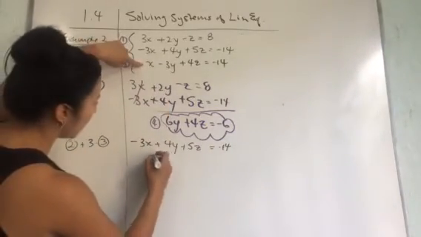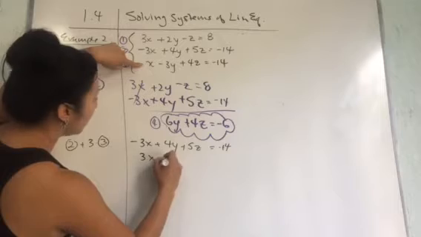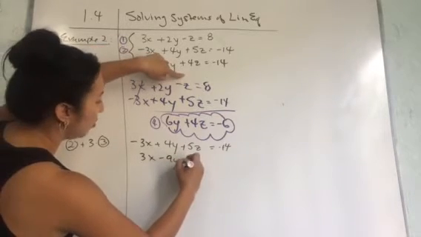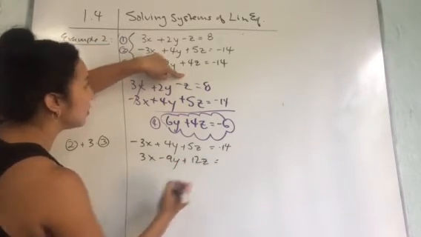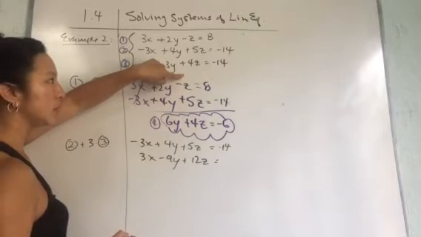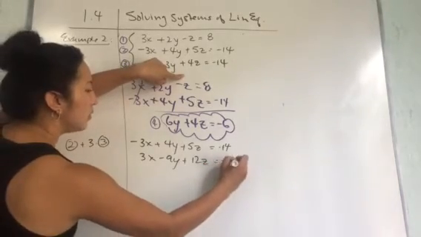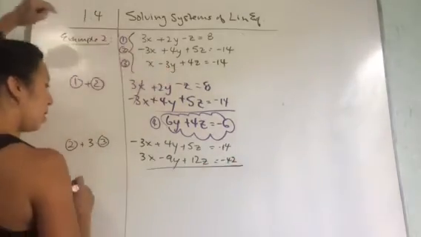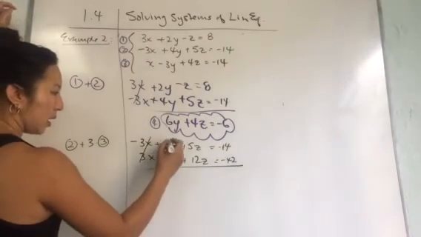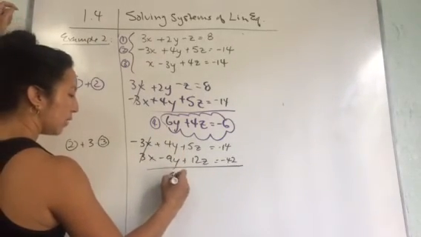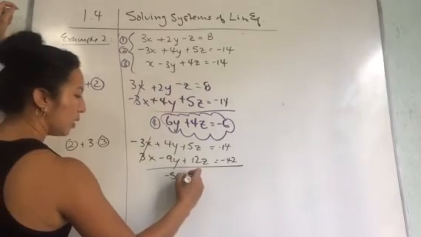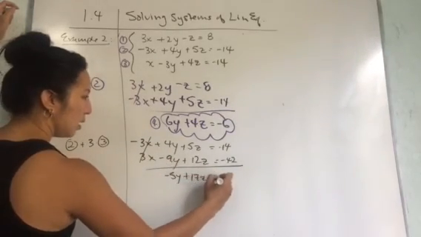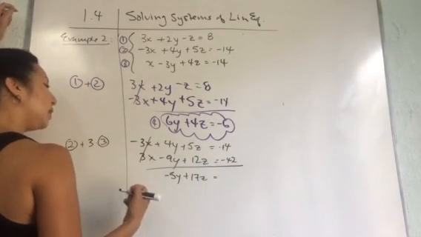That gives me 3x minus 9y plus 12z is equal to 3 times negative 14, which is negative 42. These cancel out, and I get 4 minus 9, which is negative 5y. 5 plus 12 is 17z, and negative 14 minus 42.